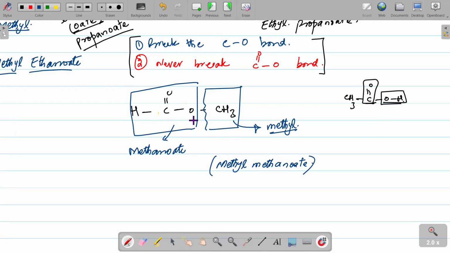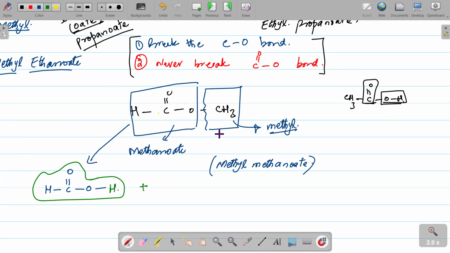Now, after identifying this, I can also identify the formula of the alcohol and acid from which this ester is derived. How? Look at this. If I take this part, which came from carboxylic acid, C double bond O and O, and place hydrogen here, then it is a carboxylic acid. And for the alcoholic part, I will place OH with it.